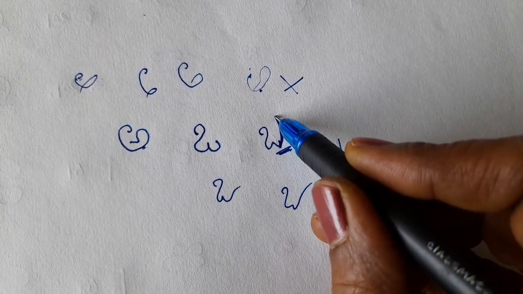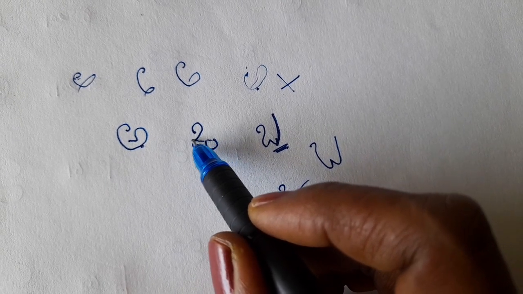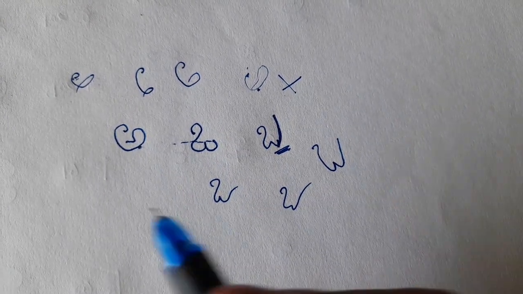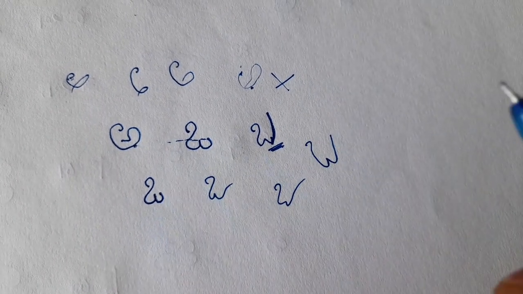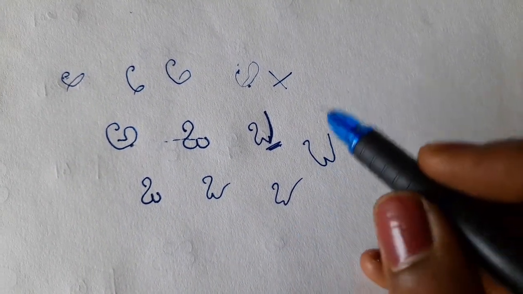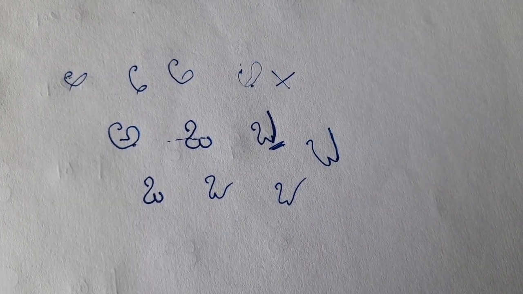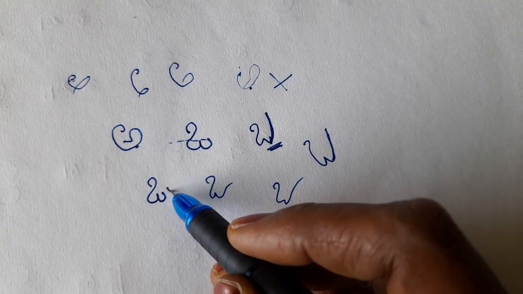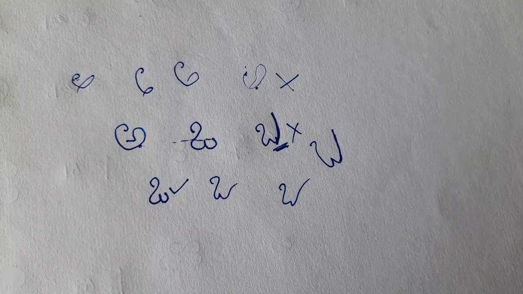Now this is wrong. See, if you see here, this line comes only to half of it. Okay. So O should be written like this. If you pull this up, then the letter changes. So this is a right way of writing again. These are all wrong methods of writing.